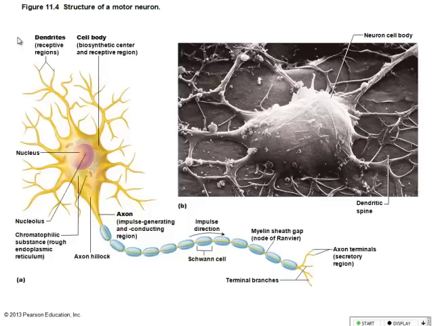When I talk about impulses, I'm talking about ions, charged particles, moving through that axon. That change in charge that's going to occur in the cell when a nerve impulse or action potential takes place is going to force out at the end of the axon some very important chemicals.